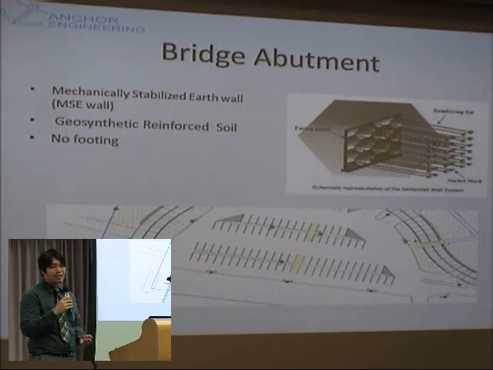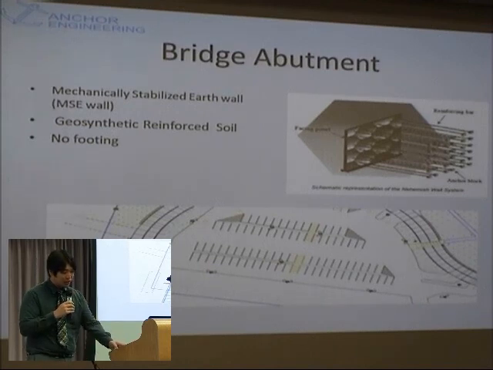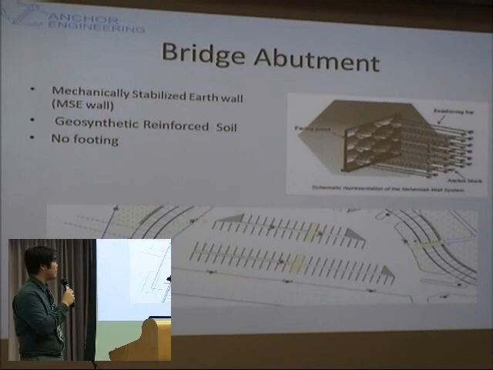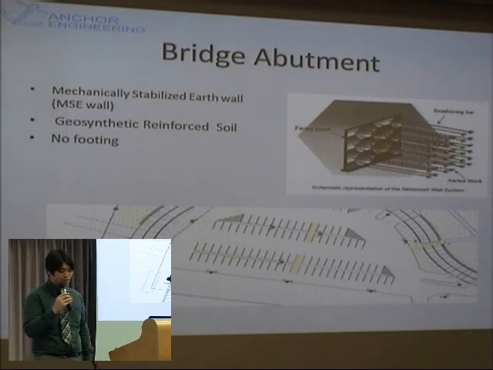This would exert unpredictable loads that would possibly make the gravity retaining wall unstable. By going with the MSE design, we could omit the footing altogether due to the fact that the reinforcement members take most of the strain.